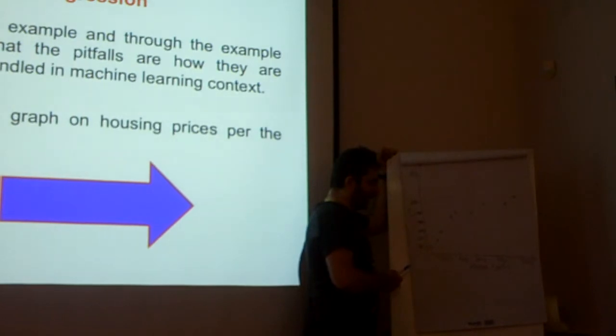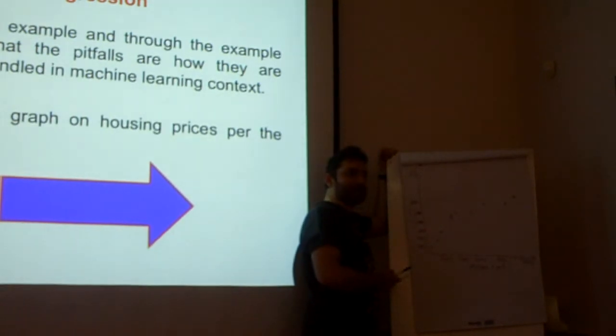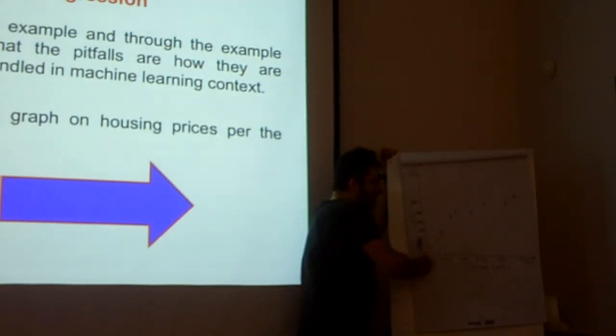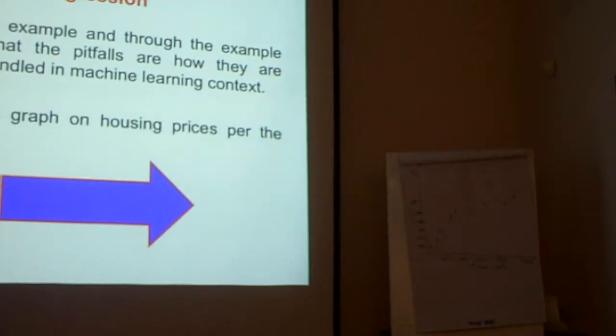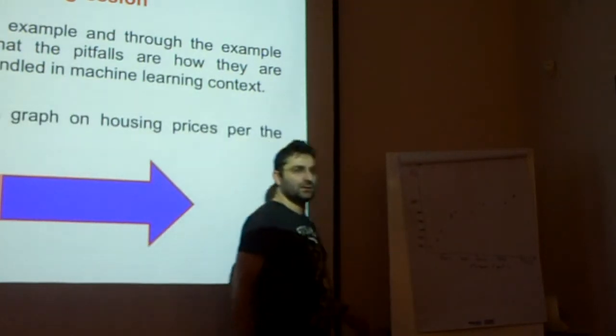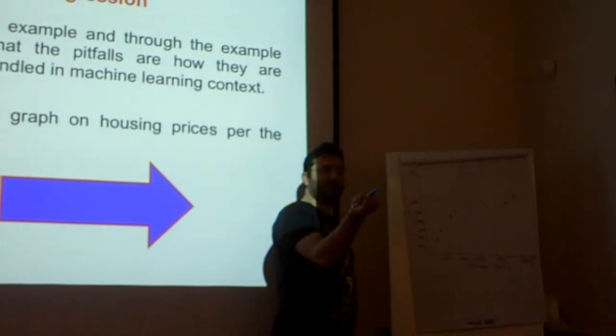So the question comes like this, Martin. If you look at this data, and if I find a 500 square meter house, what will be the price of the house? It will be about 5,000? Why do you say 5,000?